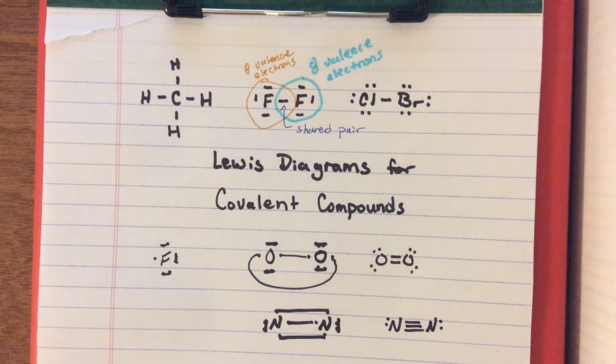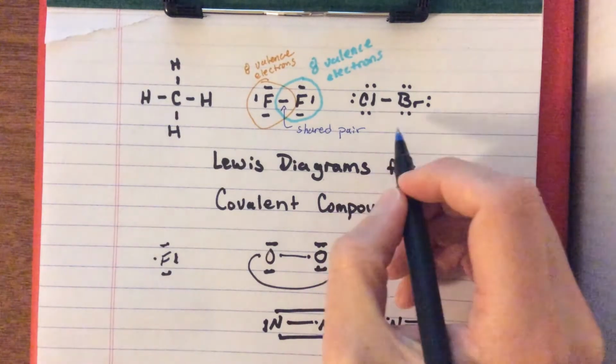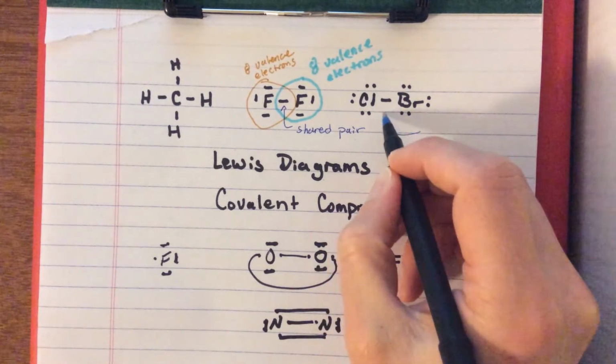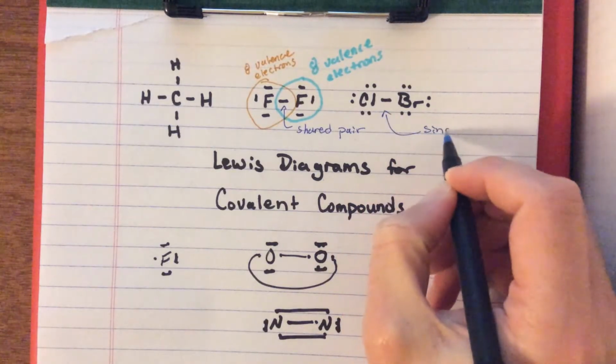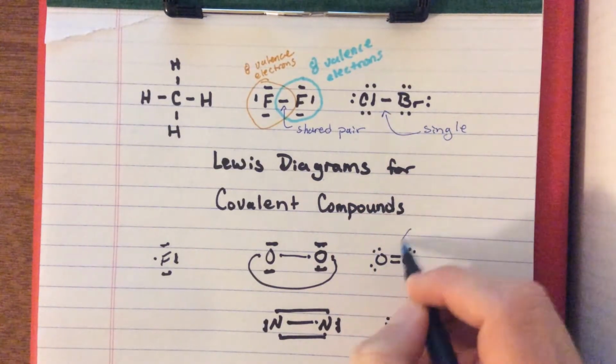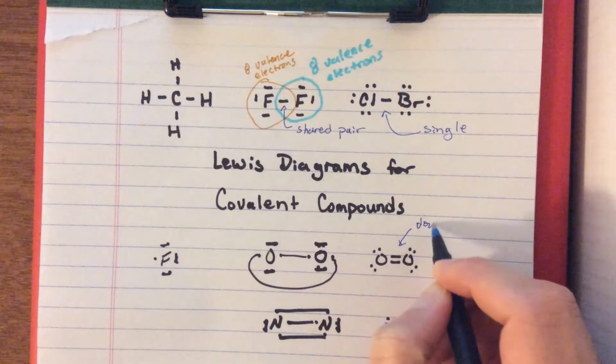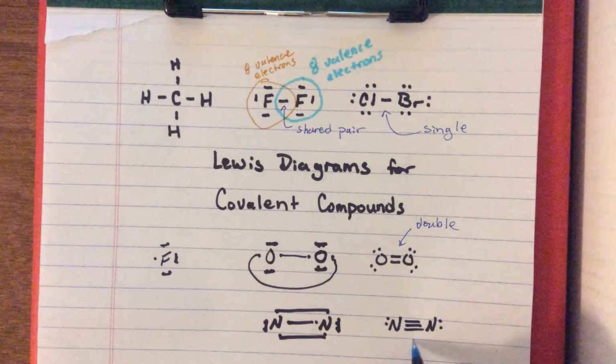That is called a triple bond. So we can have a single bond like the ones that we looked at initially, or we can have a double, or we can have a triple.